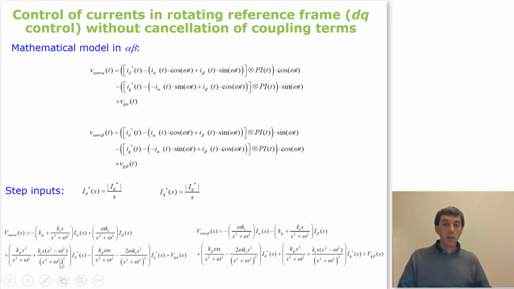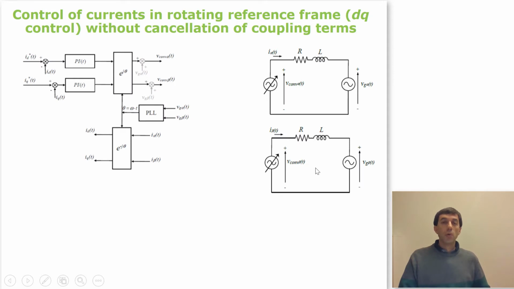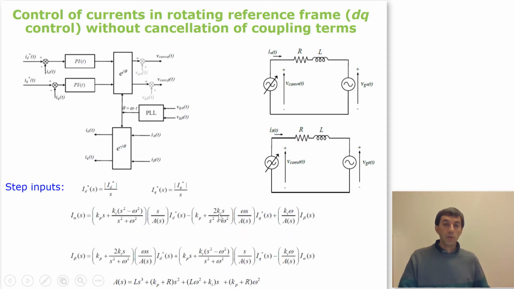The remaining terms, these other terms and these other terms, are the same as before. So now, if we combine for step inputs the control and the power circuit equations, we can obtain the transfer functions for alpha and beta currents.